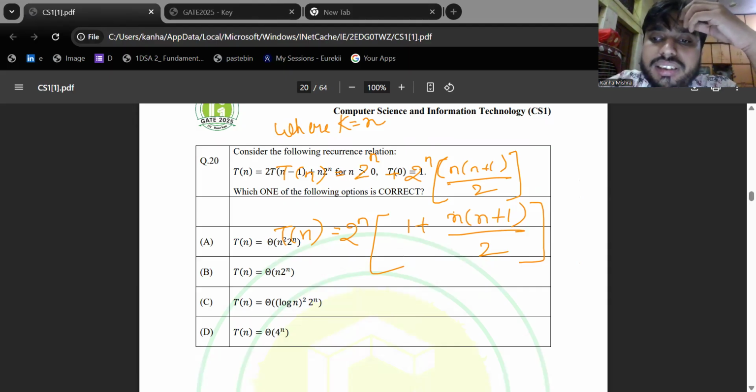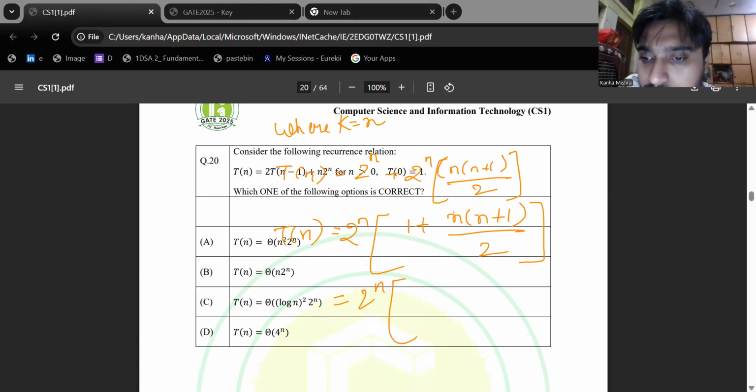If I try to generalize it a bit more, then what does it simplify to? Because in the theta notation, we take the highest degree term, okay? And constants are ignored. So let's try to simplify it a bit. So 2 to the power n, 2 plus n square plus n by 2.